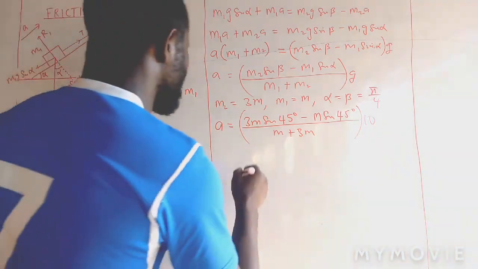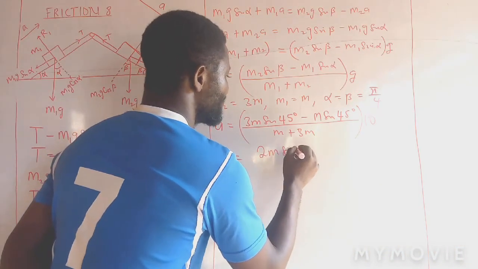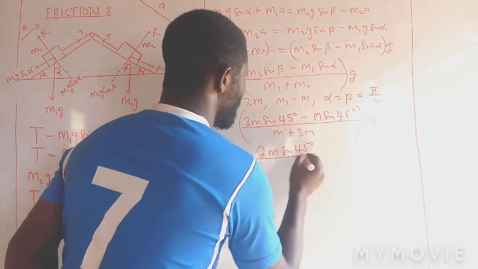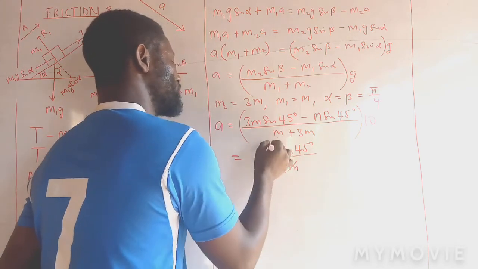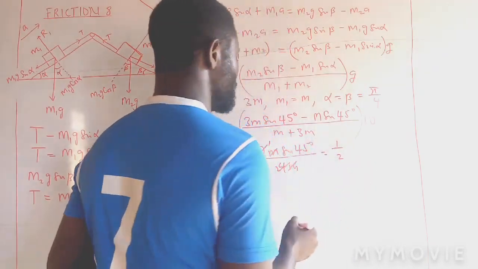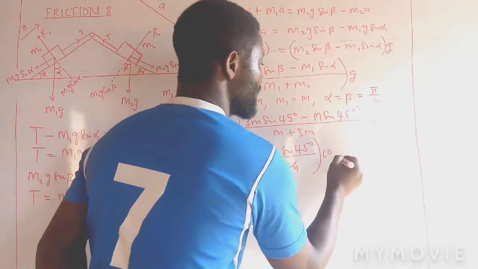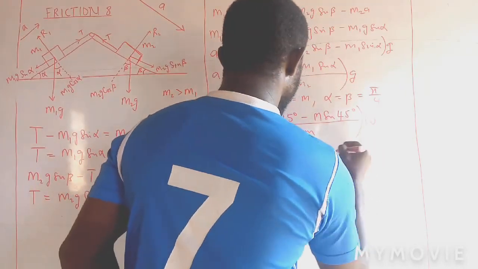As a result of this now, this is equal to 2m sine 45 degrees over 4m. We cancel m, 2 here 1, 2 here 2. So I have 1 over 2. So I have 10 here. So this will give me 1. What is sine 45?